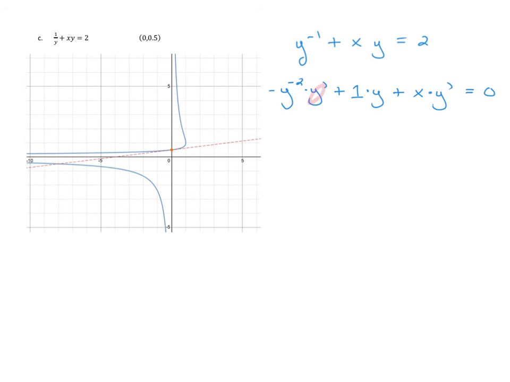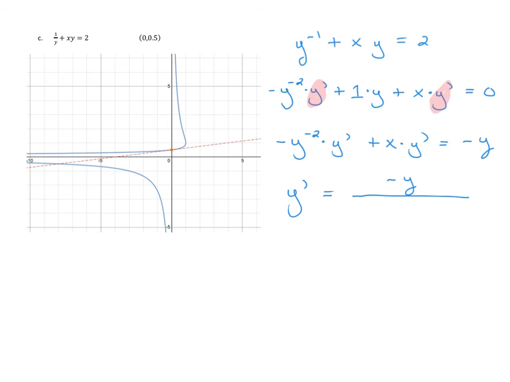I need to solve for y prime. So what I'm going to do is subtract this from both sides. Let's see, I get negative y to the negative 2 times y prime plus x times y prime is equal to negative y. I'll factor out the y primes and divide what is left over to the other side of my equation.